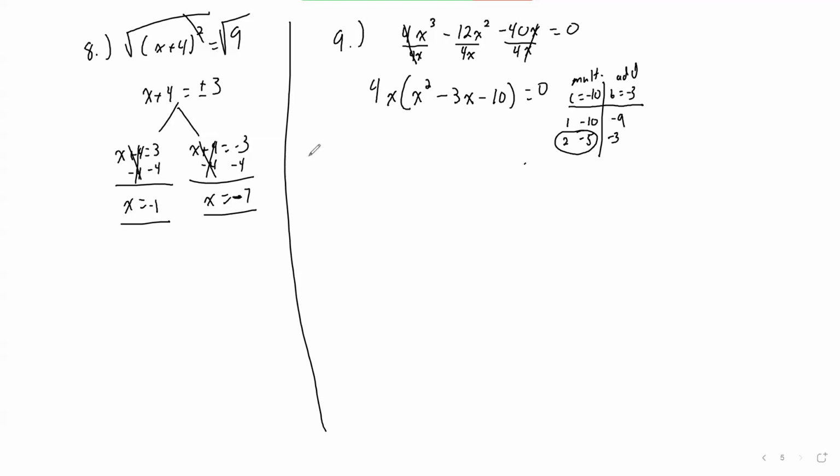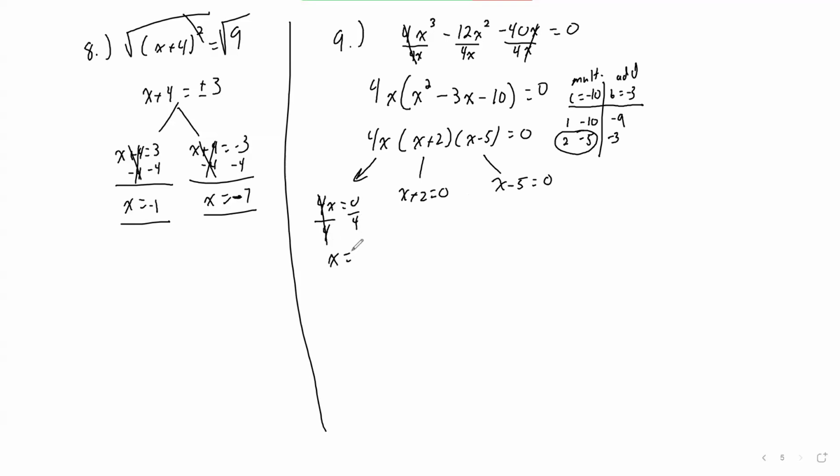So then I have, don't forget the greatest common factor, I got 4x, and then x plus 2, x minus 5, all equals 0. So now I'm going to take all my factors, and I'm going to set them equal to 0. So the opposite of multiplying, because the number next to the letter means multiplication, is division.